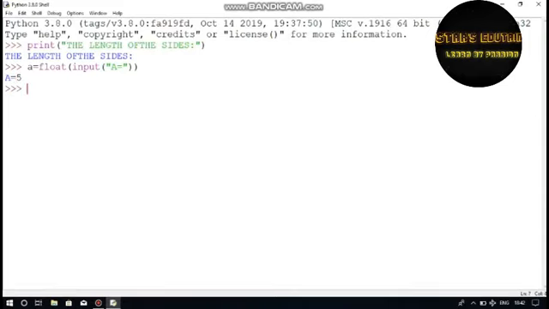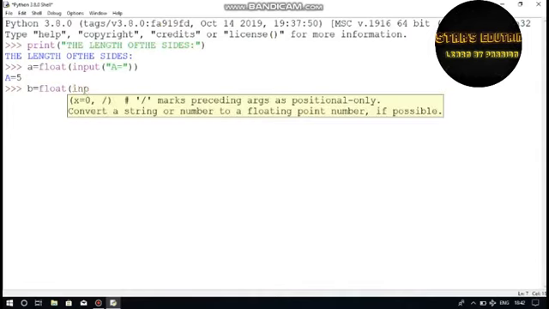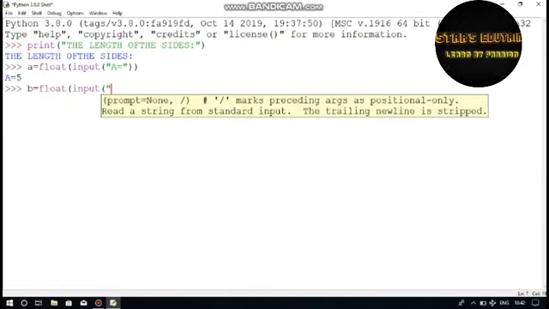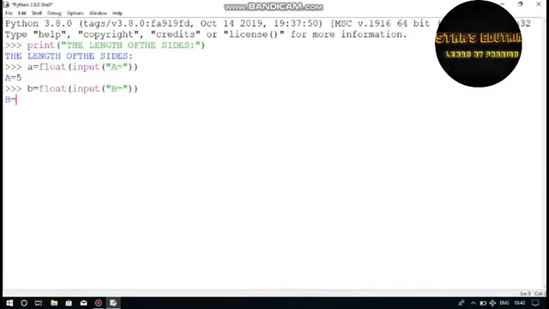Okay, I want to take b as float, b equals float, which is also in the input field, in the text of b equals, and the b value is 2, for example.